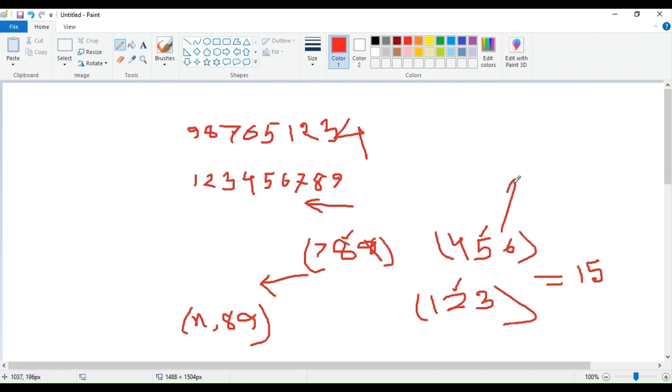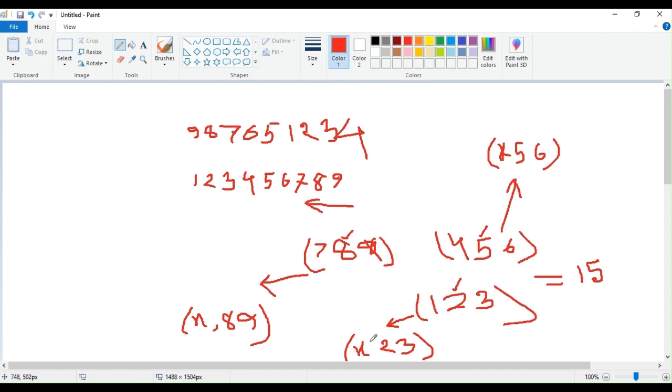For this one it should be x, 5, 6. And for this it could be x, 2, 3, right?